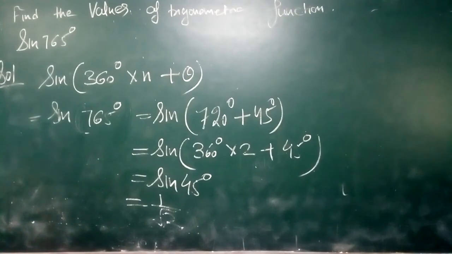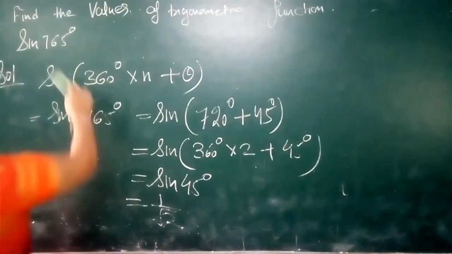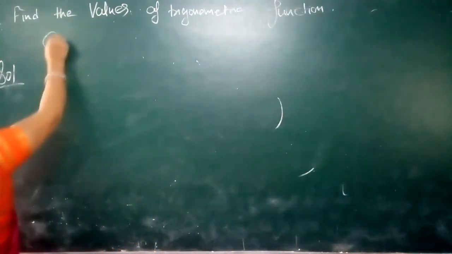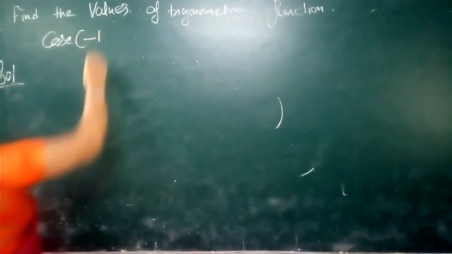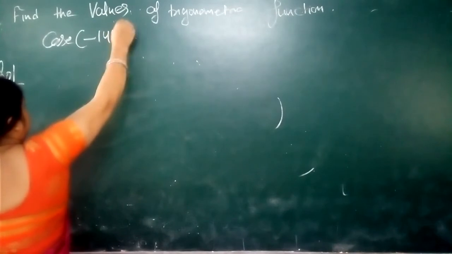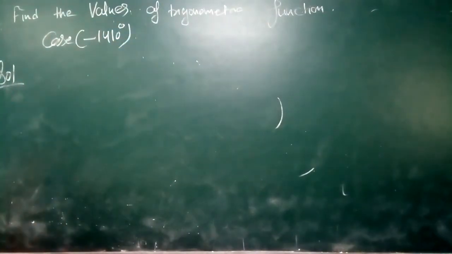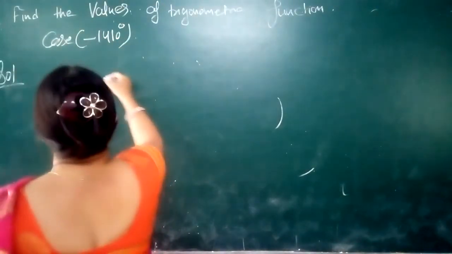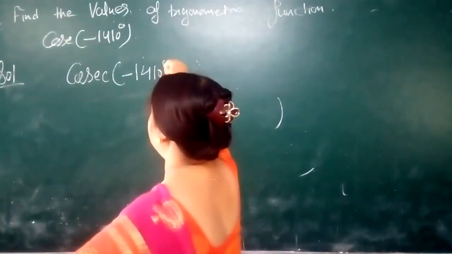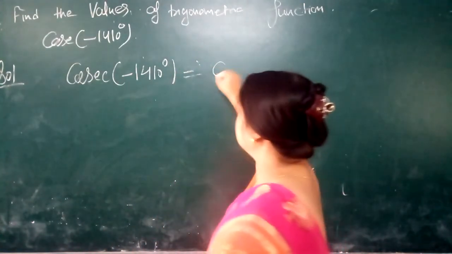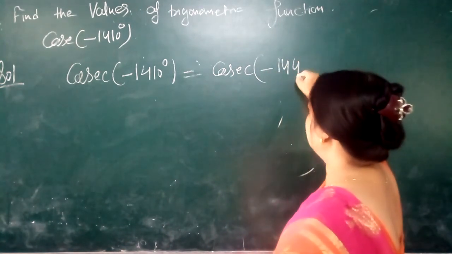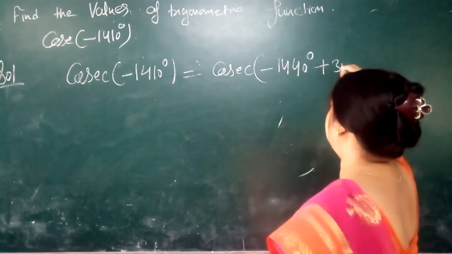Question number 7, that is cosec of minus 1410 degree. So students, we can write this term as cosec of minus 1440 degree plus 30 degree.